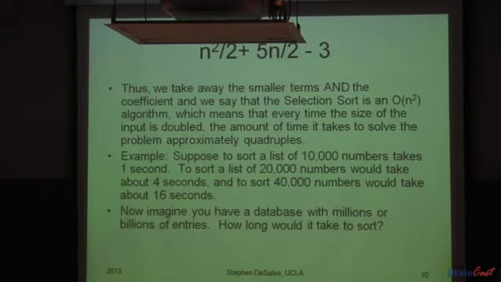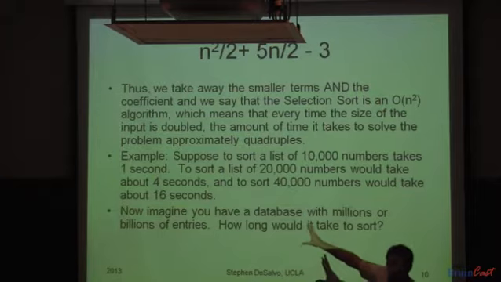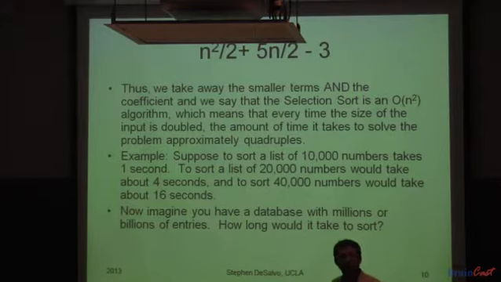Okay? So to bring it all together, we take away the smaller term, so the 5n over 2 minus 3, and we take away the coefficient of 1/2. And really what we're left with is an n squared algorithm, a big O of n squared algorithm, which means if you double the input size, you effectively quadruple the amount of time that it takes for the algorithm to run. Okay? That's the idea.